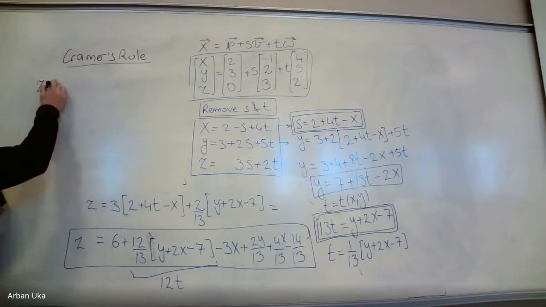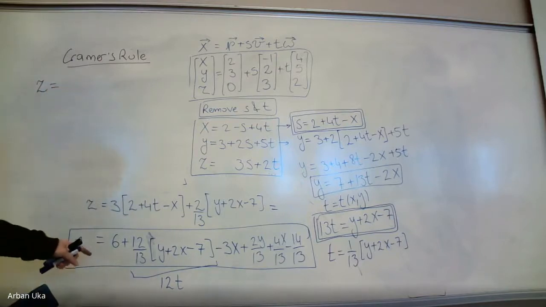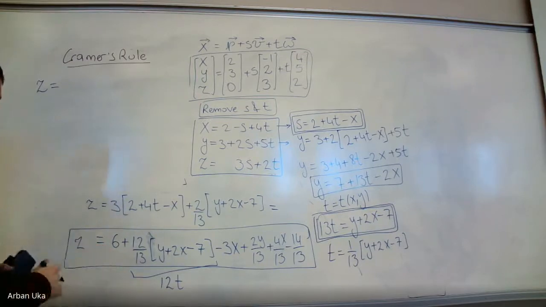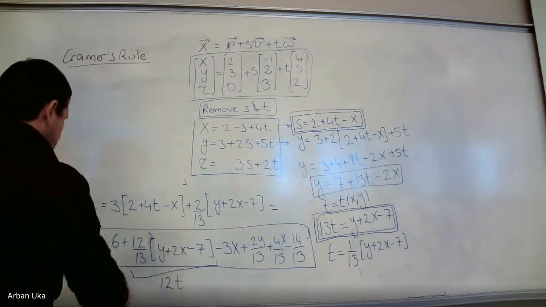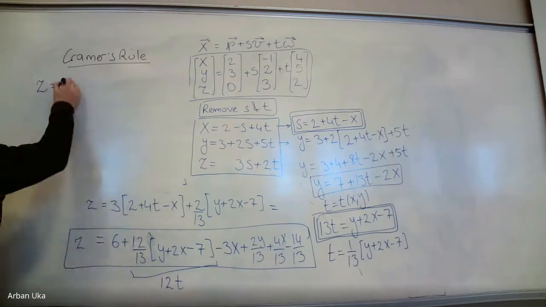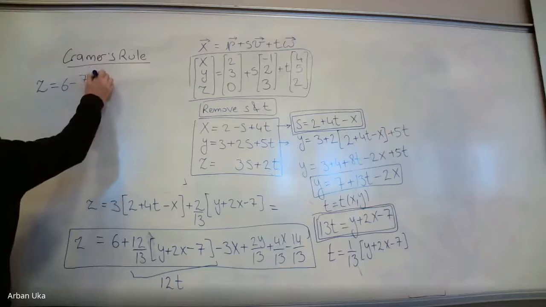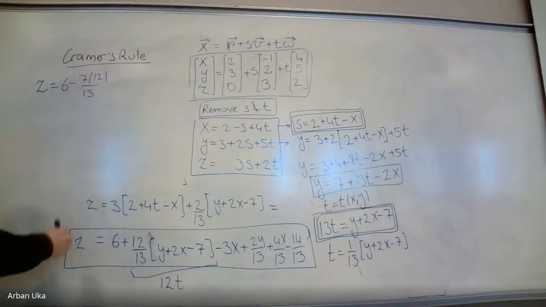We say that z is equal to, let's pick up just the constant numbers. We have 6 minus 7 times 12 over 13.